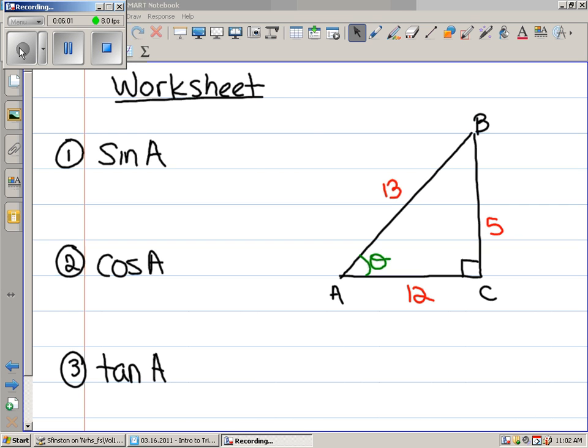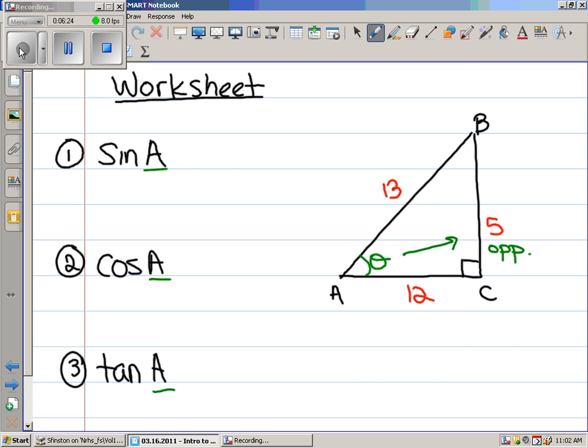Here's the deal. This over here tells you the angle that you're supposed to start with. So if it tells you it's angle A, label that angle up. That's your theta, which means 5 is the what side? The opposite, the adjacent, what? It's the opposite side because it's opposite the angle. How about 12? What's that guy? Very nice. And what about 13?